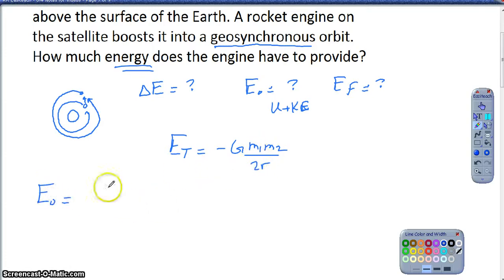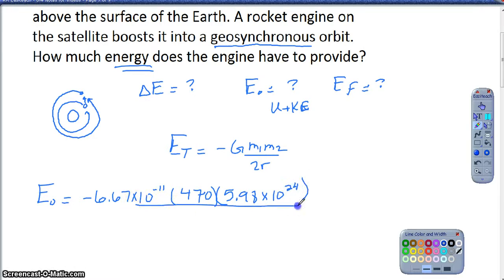So again, the total initial energy would be my universal constant, negative 6.67 times 10 to the negative 11th. They gave me the mass of the satellite, which is 470. And then I do know the mass of the Earth, again referencing the previous problem, 5.98 times 10 to the 24th.